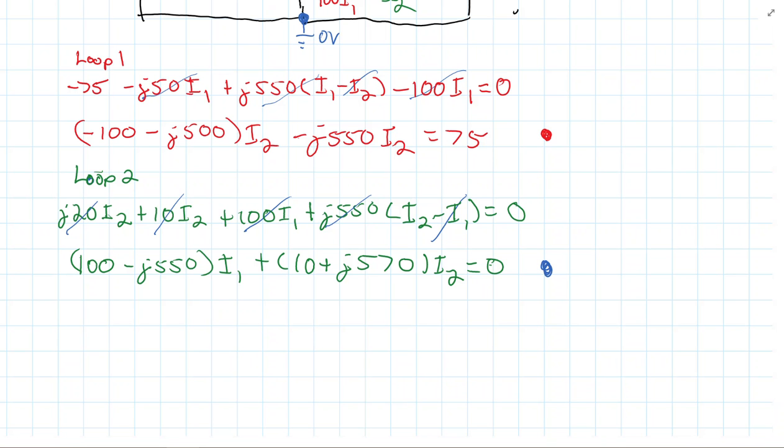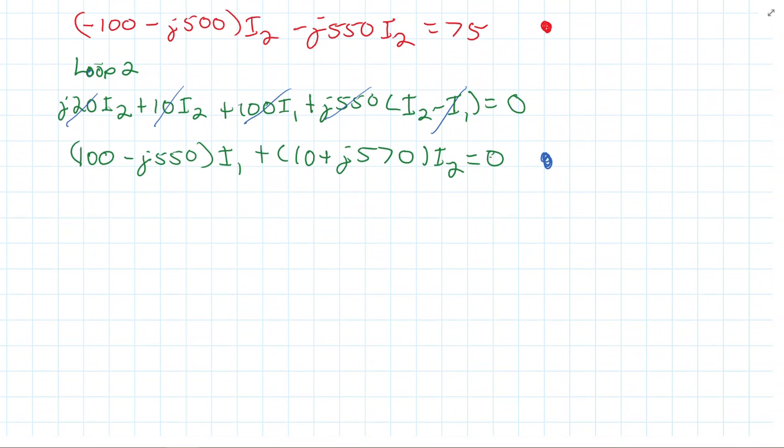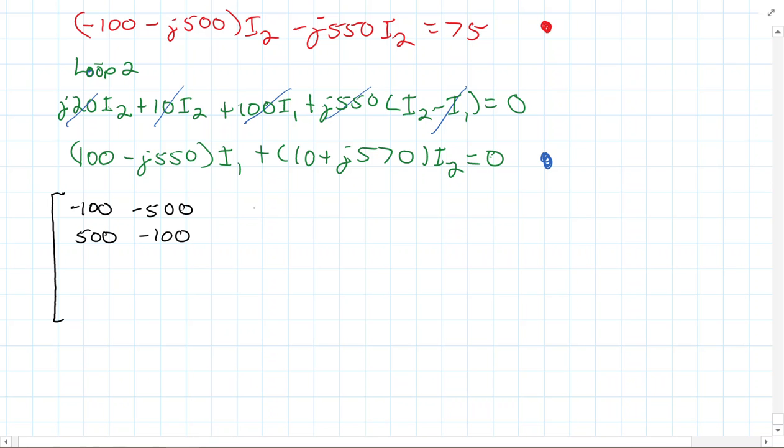Now remember, if you have a calculator that cannot do complex numbers and matrices, the way you would set this up is you would set this up as negative 100, negative 500, and then you'd put 500 here, negative 100. Now this is 0. This would be negative 550, 75, 0. So it'd be negative, I'm sorry, we'll do the conjugate there, so this would be 550.